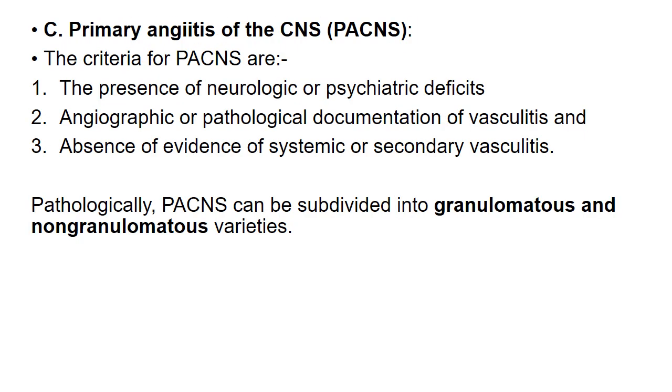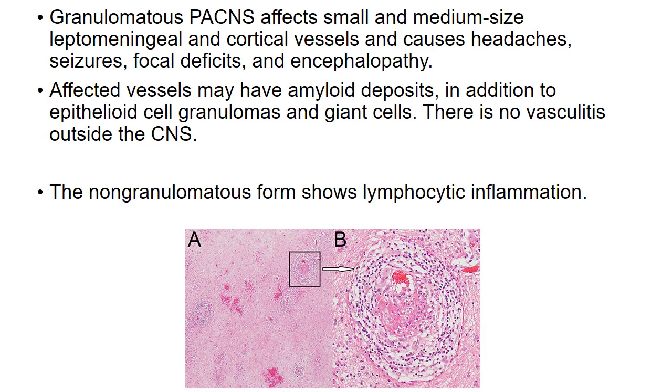Primary angiitis of the CNS. The criteria include the presence of neurological or psychiatric deficits, angiographic or pathological documentation of vasculitis, and absence of any evidence of systemic or secondary vasculitis. Pathologically, primary angiitis of the CNS can be subdivided into the granulomatous and the non-granulomatous varieties. The granulomatous variety typically affects the small and medium-sized leptomeningeal and cortical vessels and causes headache, seizures, focal deficits, and encephalopathy.